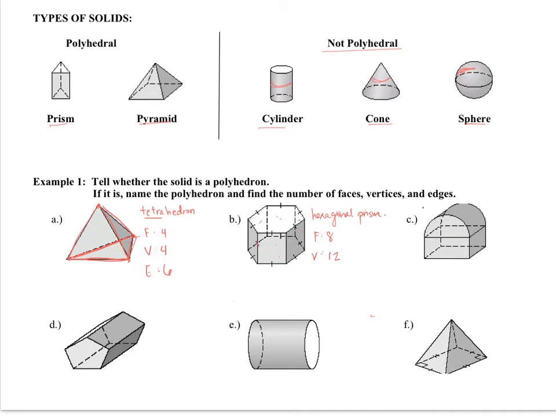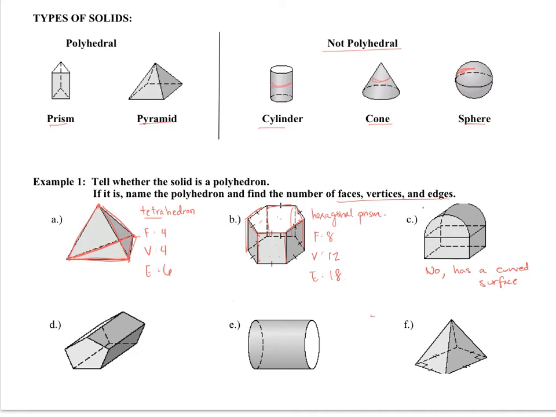And edges, 1 through 12, plus 6 more makes 18. For part C, this would not be considered a polyhedron, so we write no because it has a curved surface. Therefore, we don't need to find the number of faces, vertices, and edges.